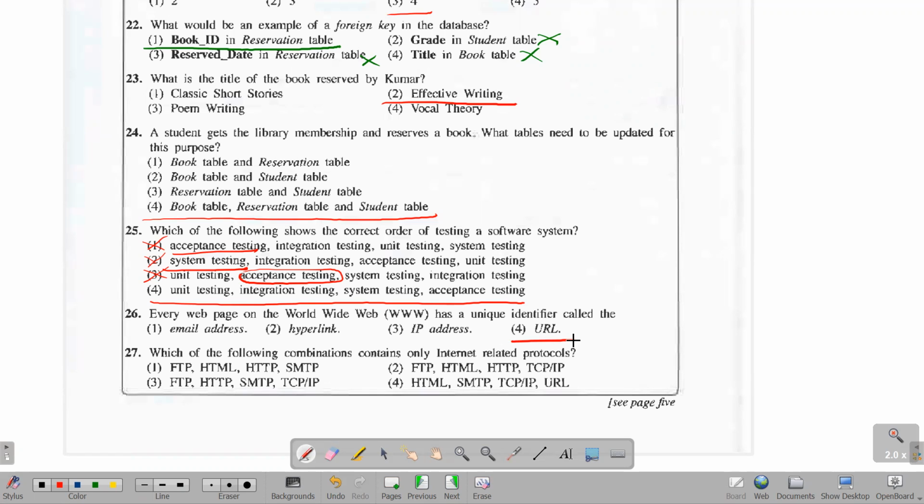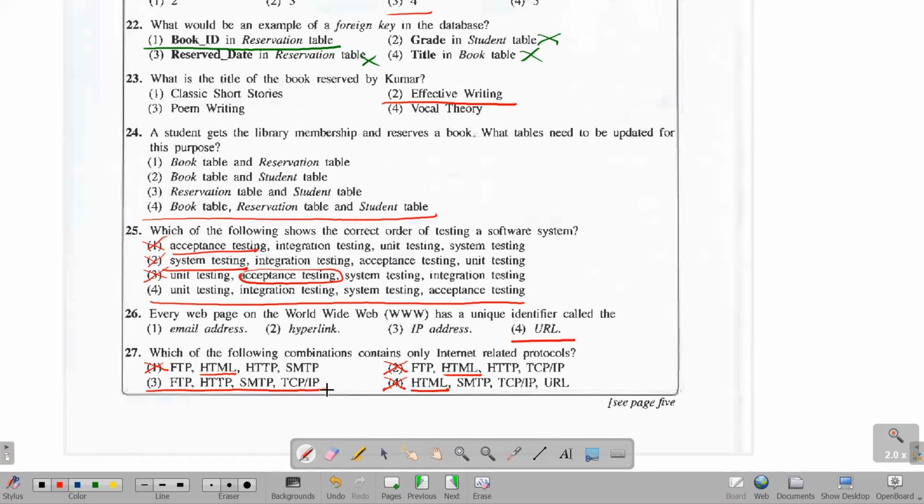So FTP, now HTML is not a protocol, people. So the first one disqualifies. Here you have HTML again, the second one disqualifies. Here you have HTML again, the fourth one disqualifies. So we are only left with the third one.